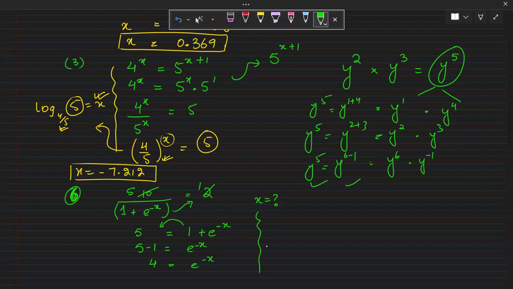Now what do I have to do to this to find out the value of x? What should I apply? The same formula as we did in the previous question.